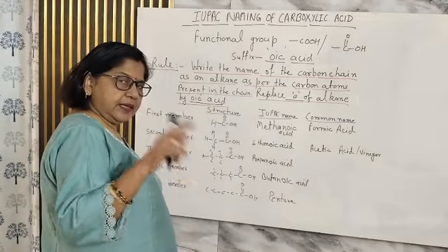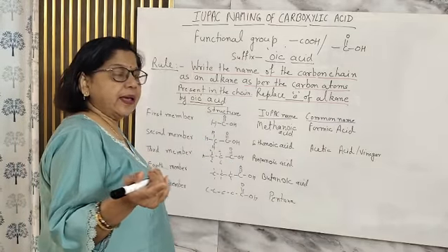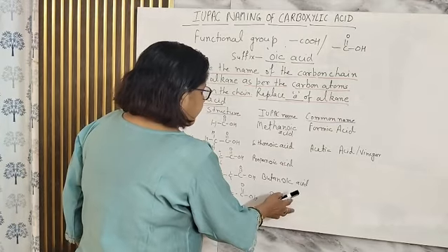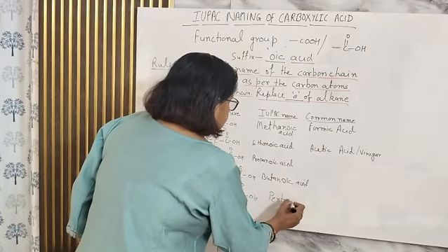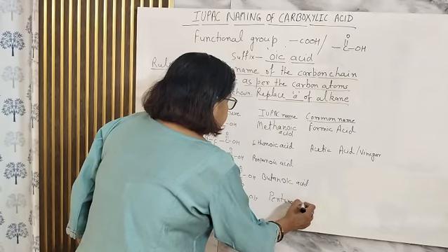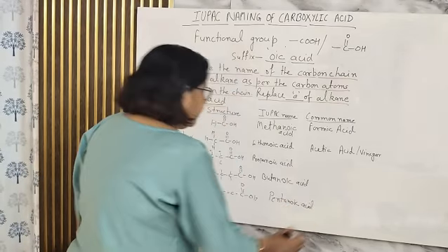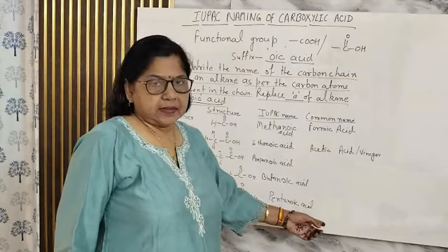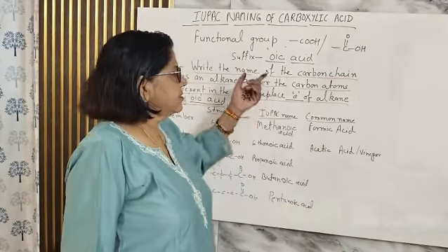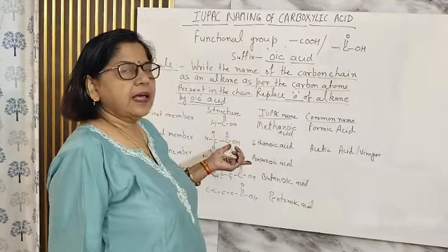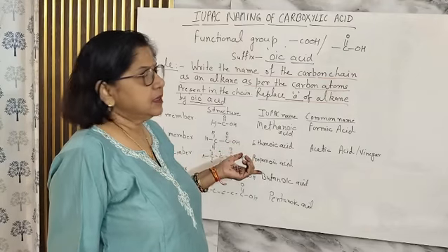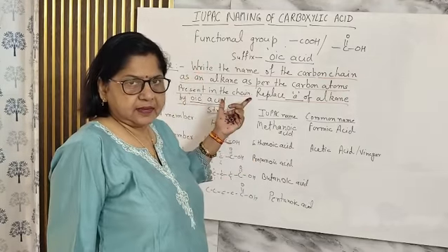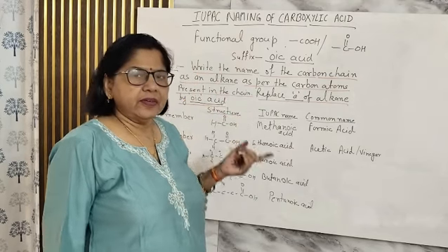As usual, E will be replaced by oic acid. So the name of the compound is pentanoic acid. So this is the IUPAC naming of the carboxylic acids. Understood? So thank you children.